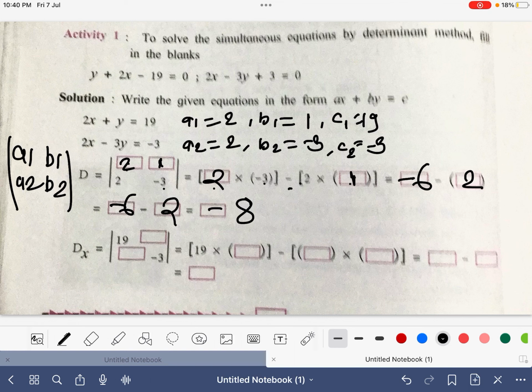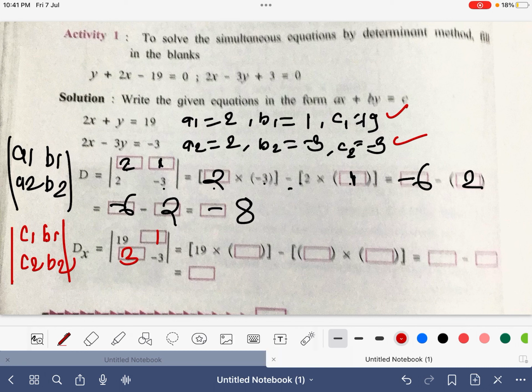Chalo. Next thing is that let's solve dx. dx is nothing but c1 c2 b1 b2. The values are c1 c2, 19 and minus 3, and b1 b2, 1 and minus 3.